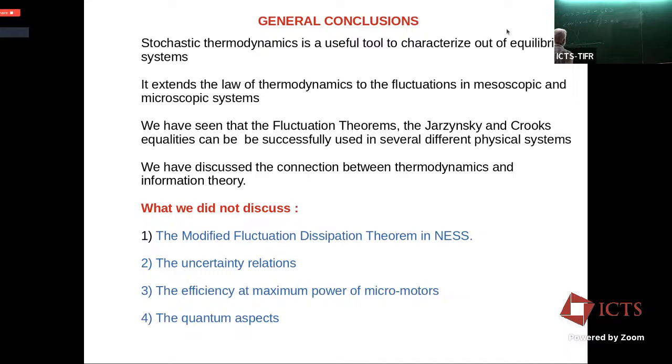Now the particle is moving inside this potential. So what is happening? The particle at a certain point moves in there, oscillating because of Brownian fluctuations.